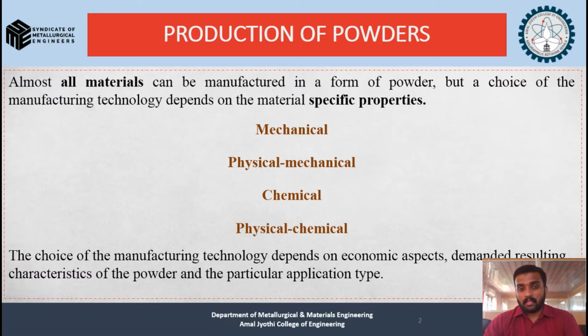The second factor to consider before going for any production method is the characteristic of the powder. For example, if the ore is present in the form of sulfides, oxides, or fluorides, we have to rely on different methods. We have to change over between the mechanical, physical, or chemical methods. So this is the first and initial step, and we'll go into details about that.